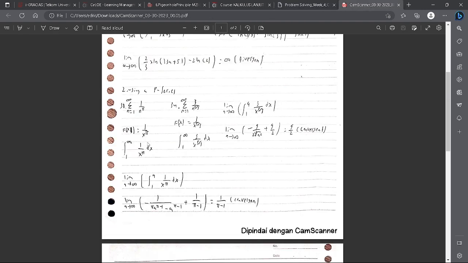The result: f(x) is 1 over x^p, and the integral from 1 to infinity of 1 over x^p dx, the limit as a goes to infinity of the integral from 1 to a of 1 over x^p dx, the limit as a goes to infinity of 1 over p minus 1 times a to the power 1 minus p, plus 1 over p minus 1, and the result is 1 over p minus 1, and the result again is convergent.